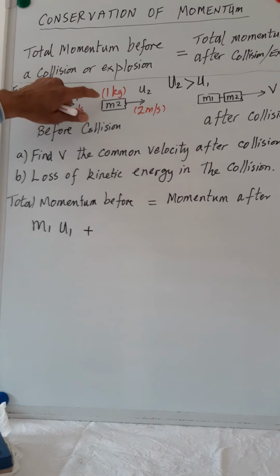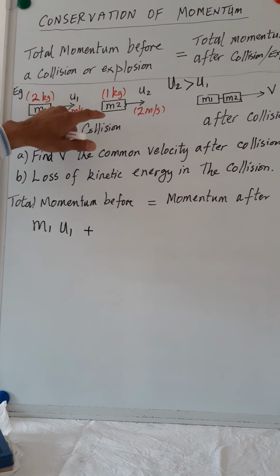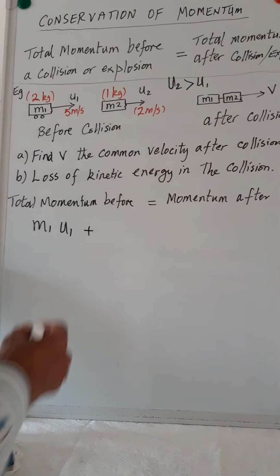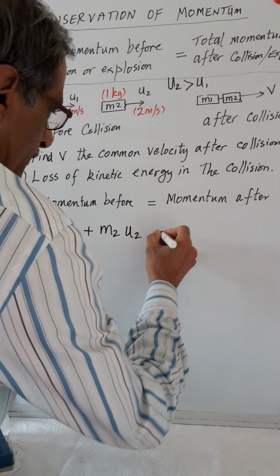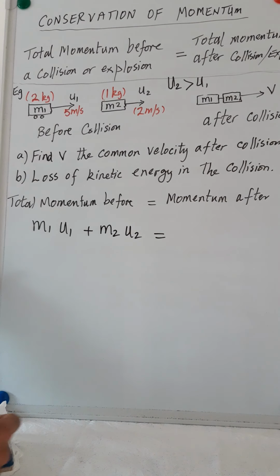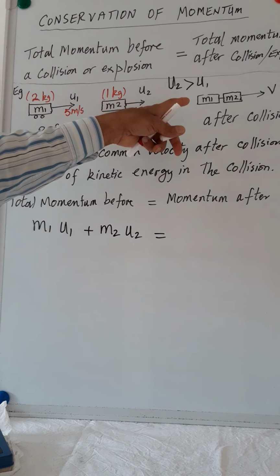The momentum of the second trolley is m2 times u2. Now that must be equal to the momentum after the collision.